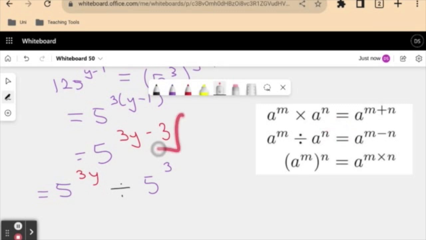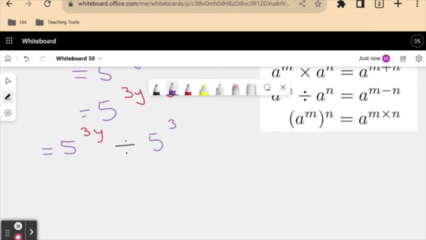We have a difference of powers, so we can say that that's the same as one of these divided by the other. So that works.